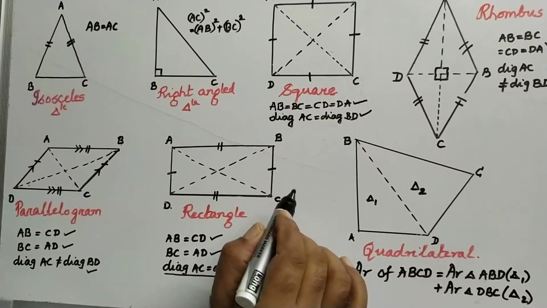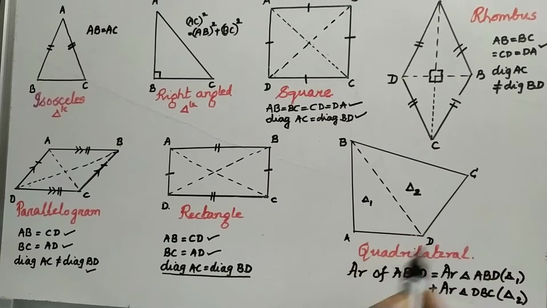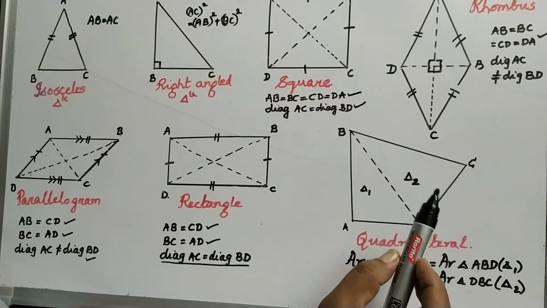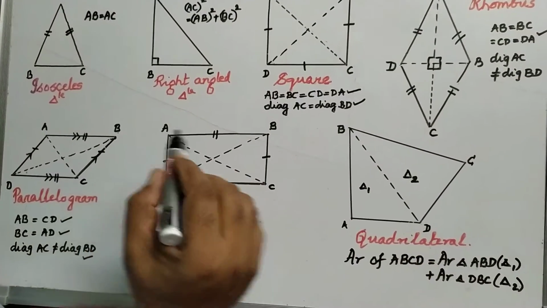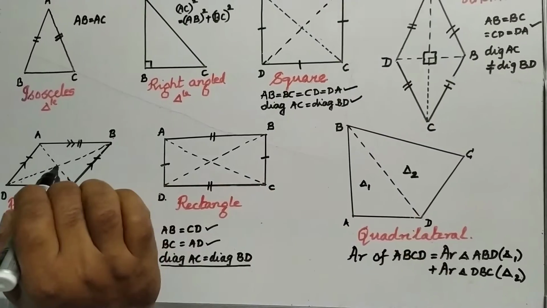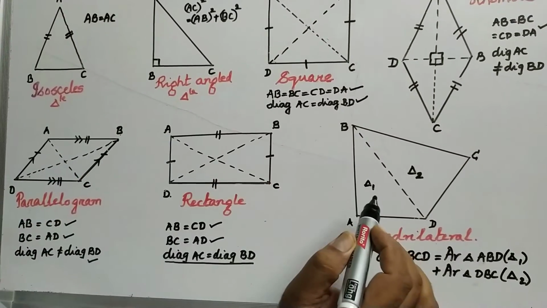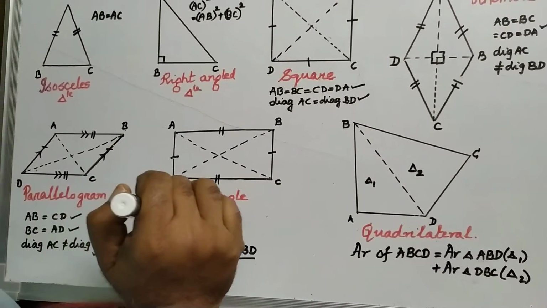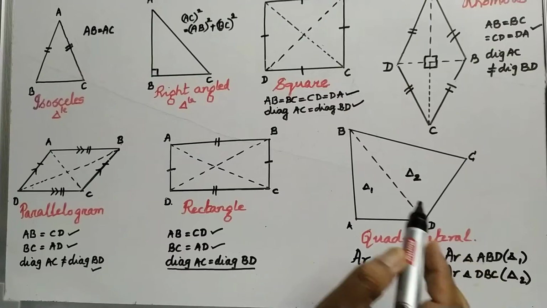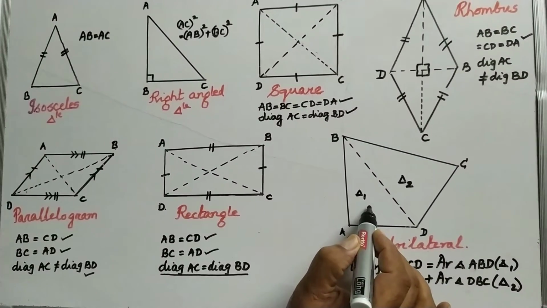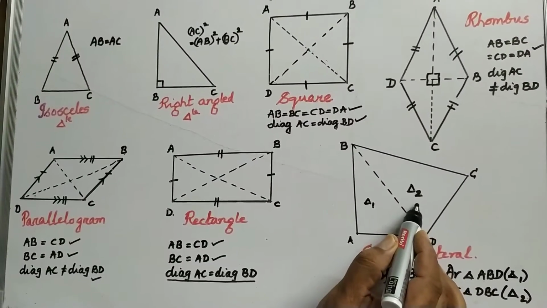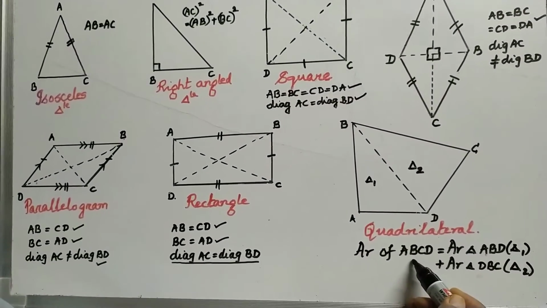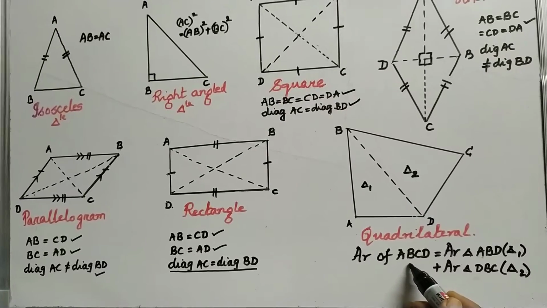Here I have joined B and D. You can also join A and C. So when you draw a diagonal, the quadrilateral will be divided into two triangles, the first triangle and the second triangle. You know the formula to find the area of the triangle when the three vertices are given. Use that formula, find the area of the first triangle and the area of the second triangle. Add the two areas, and you will get the area of the quadrilateral ABCD.